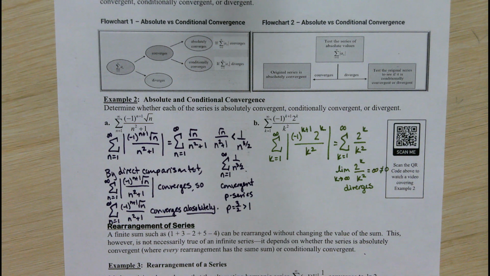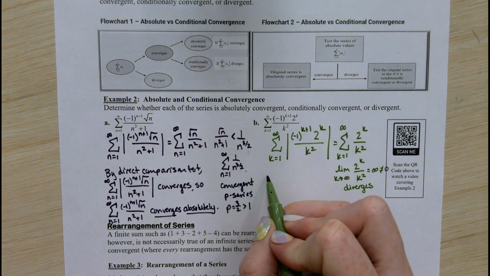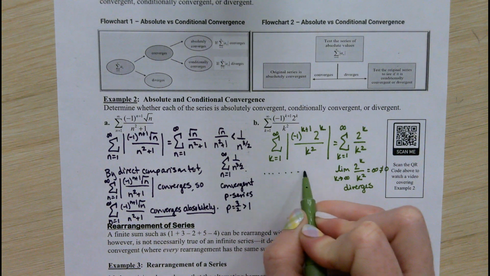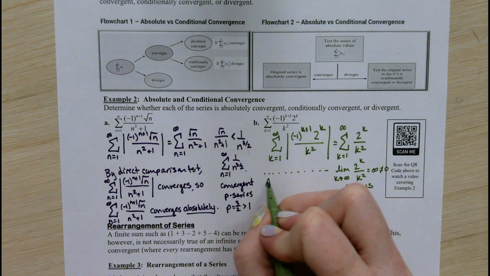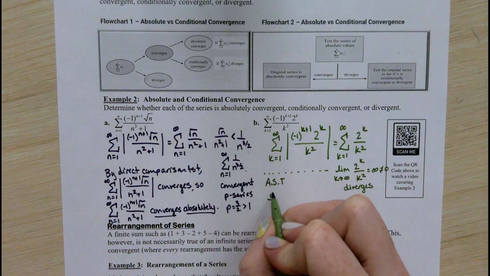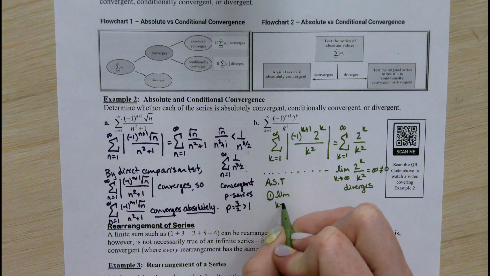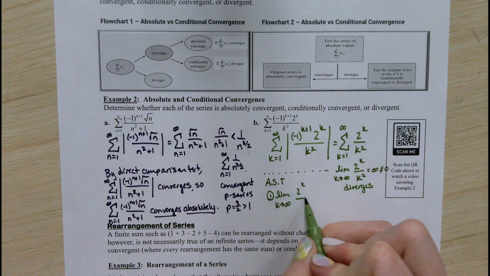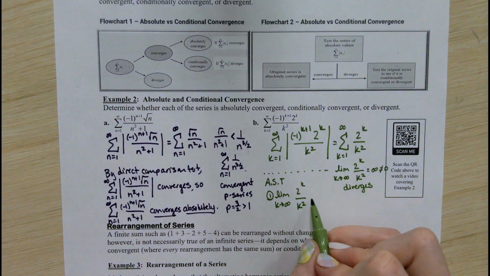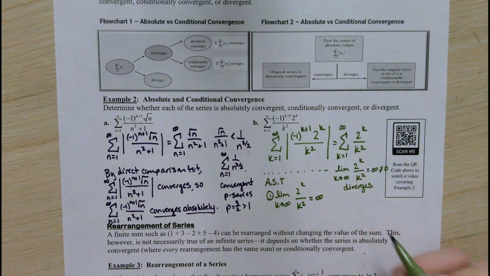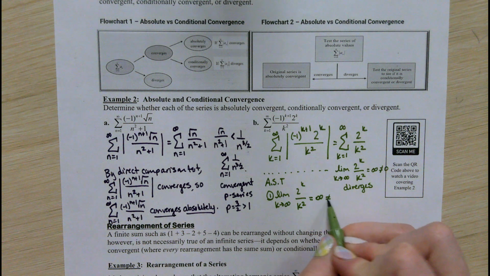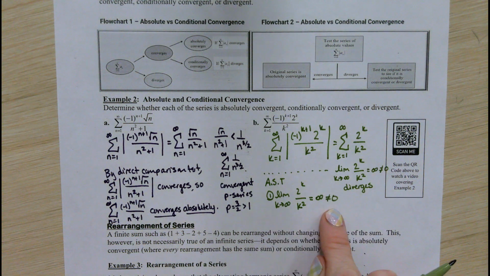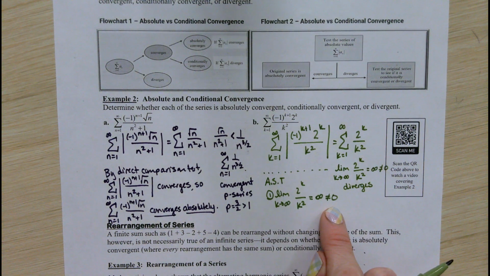And I think we already have our answer, because the first part of our alternating series test, I'm just going to write it down so we can see it, is to take the limit as k approaches infinity of just the positive part of the series definition, which we have already shown is equal to infinity, which is not 0. So we failed our alternating series test right there. Our terms are not approaching 0.